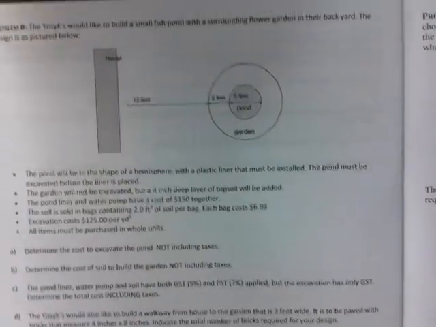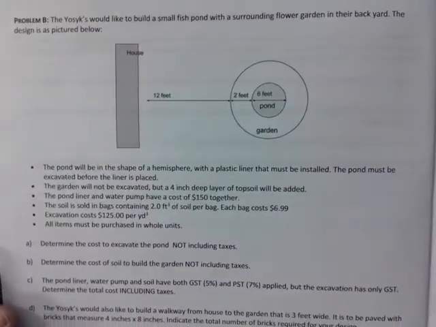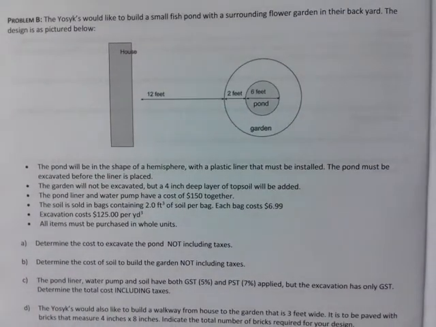And Miss Yosik stole this question. It's actually an old provincial exam question. You don't have provincial exams anymore, but this would be the type of question that you could have expected under design and measurement. Got it? This would be like the long question. Some very short ones, and this one is like the grand finale for design and measurement.